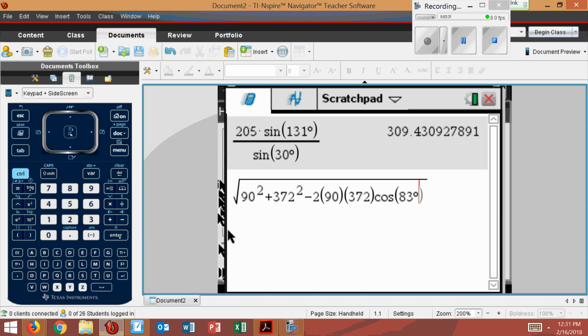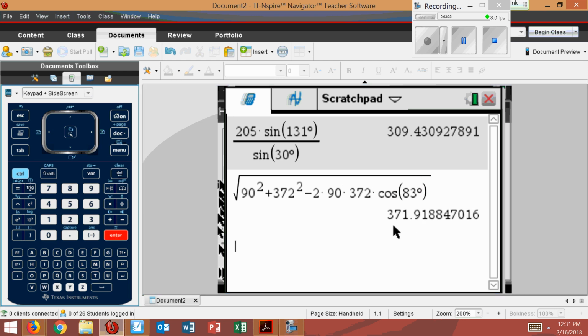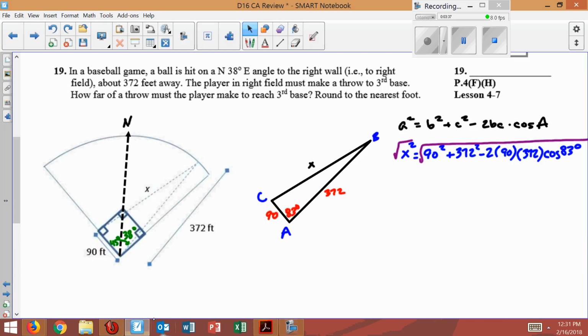Now press enter. This should give me my answer. The throw is 371.9 feet. It said round to the nearest foot, so this would be approximately a 372-foot throw.